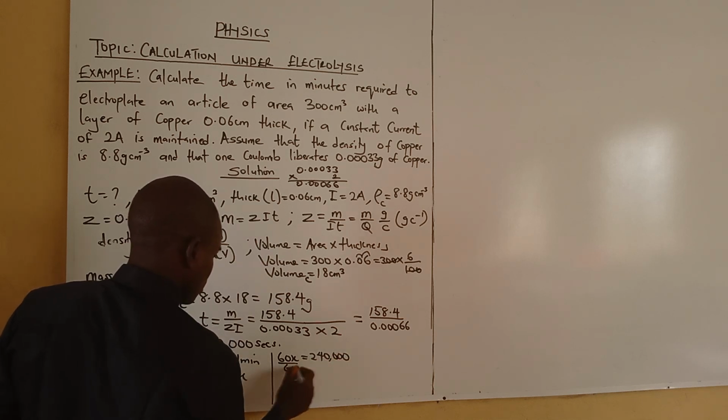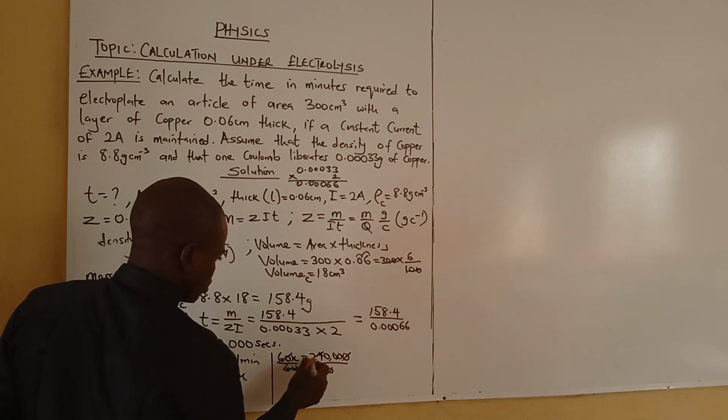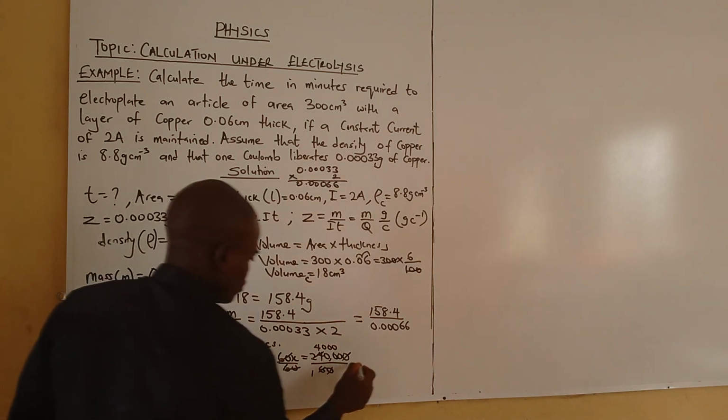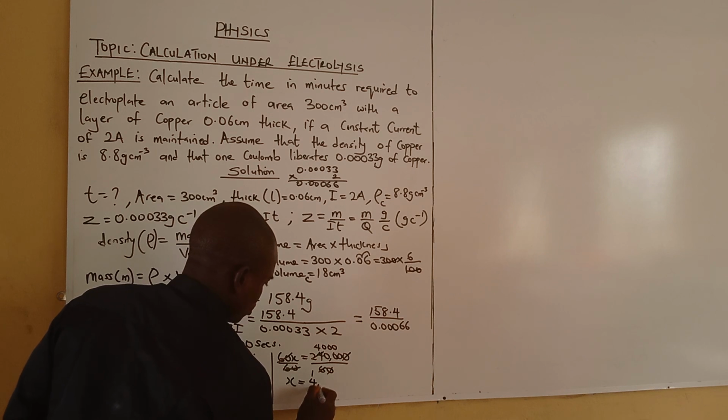Divide both sides by 60. Zero cancels 0, 6 here 1, 6 here 4. X equals 4,000 minutes.